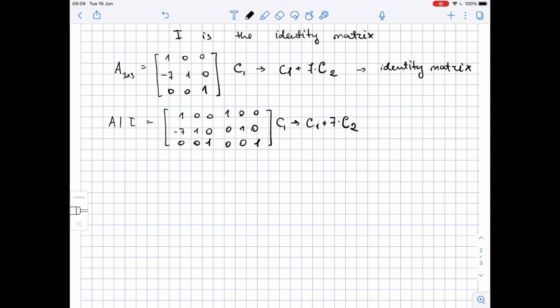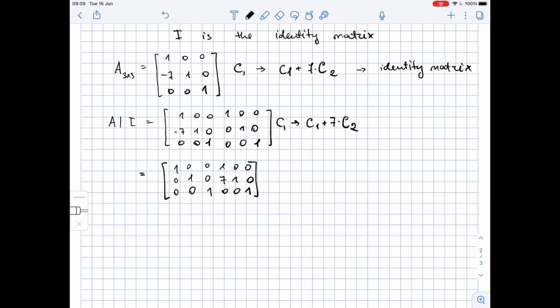So we will get 1 0 0, 0 1 0, 0 0 1, and here we have 1 0 0, 7 1 0, 0 0 1.